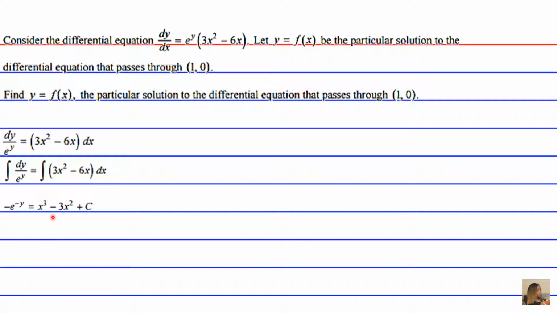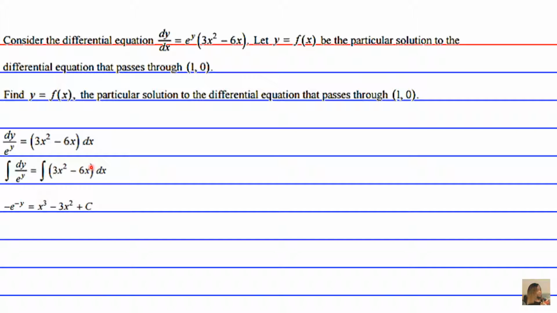Now on the right-hand side, we basically use the power rule that says the antiderivative of each term is the term raised to n + 1 divided by n + 1. So here our n is 2, so we raise it to the third power and divide by 3. That's 3 divided by 3, which equals 1.